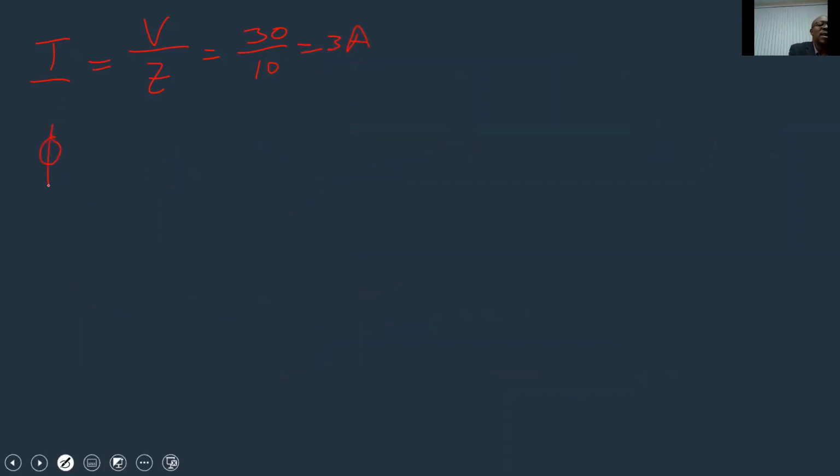Our phase angle phi is equal to the inverse tan of XL minus XC over R, inverse tan of 6 over 8, which is equal to 36.86 degrees.